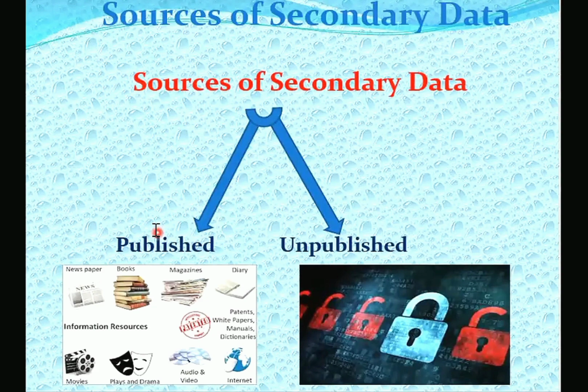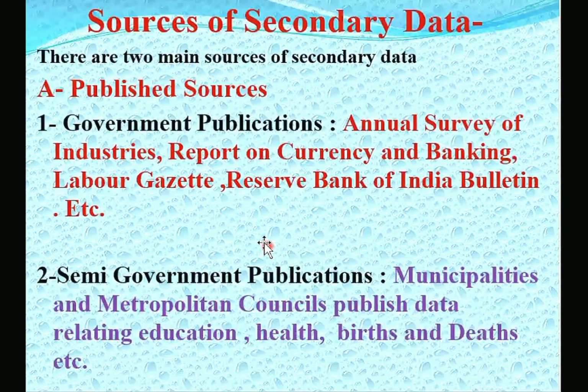Now let us move towards the other sources of secondary data. Secondary data are mostly available in two forms, published forms and unpublished forms. Now, what are these published and unpublished sources of data? Sources of secondary data which are available in published forms can be as follows. First, government publications.